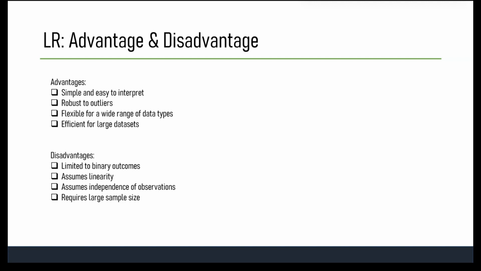Now it assumes linearity. Okay, so that is also one of the most disadvantageous features. Logistic regression assumes a linear relationship between the predictor variables and the log odds of the outcome variable. So if the relationship is not linear, the model may not fit the data well, like I showed you. Okay, if the data is not linearly separable, logistic regression would not be able to fit well. Then logistic regression assumes that the observations are independent of each other.